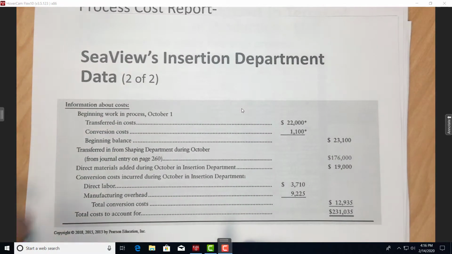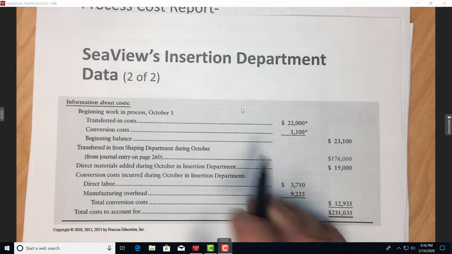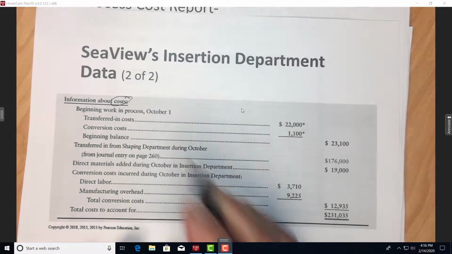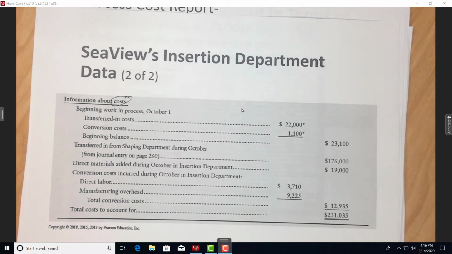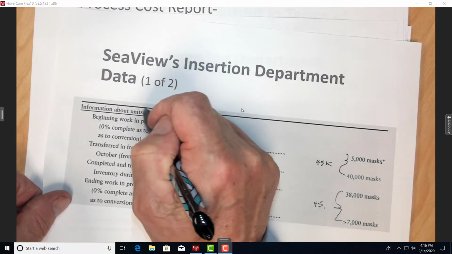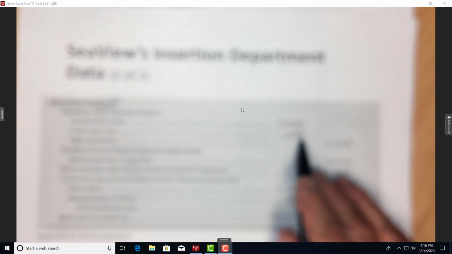So the next part of a problem that would be presented to you is going to give you the cost. Remember, the first part of the problem is giving you the physical units, and the second part is giving you the cost. So it's telling you the beginning work in process cost is $22,000. The conversion cost is $1,100.